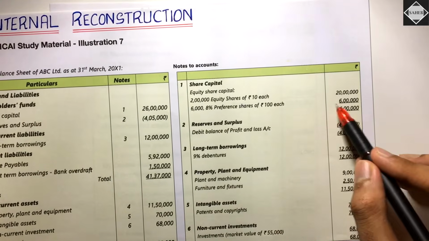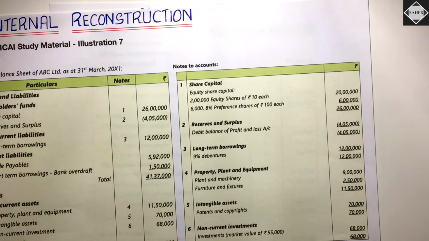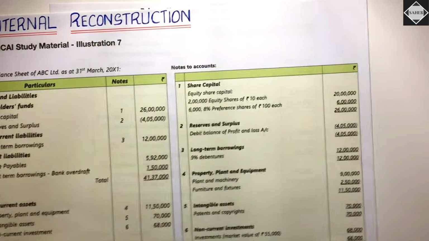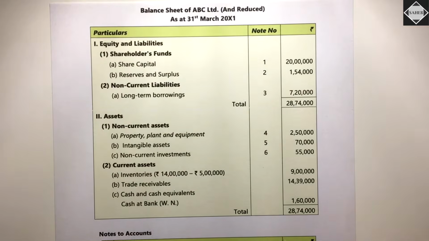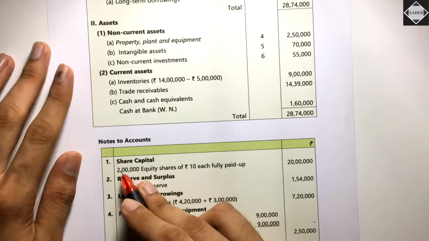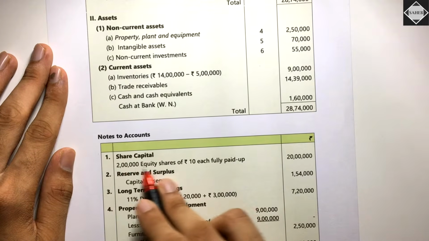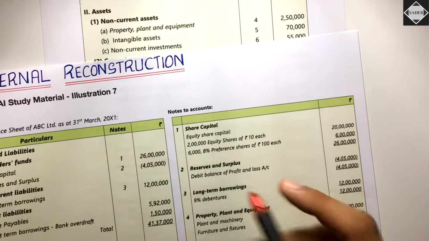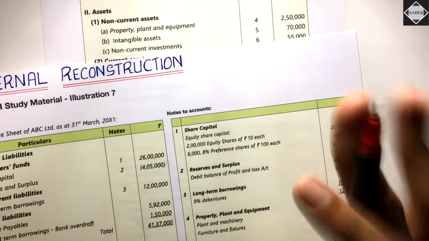But preference share capital is completely cancelled in the first adjustment, so it's gone. In the new balance sheet only equity share capital is there, exactly the same as the previous balance sheet, because nothing has been done to equity share capital.